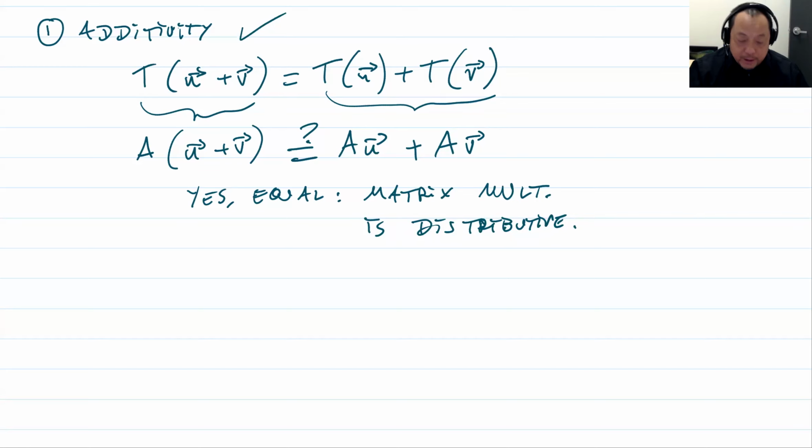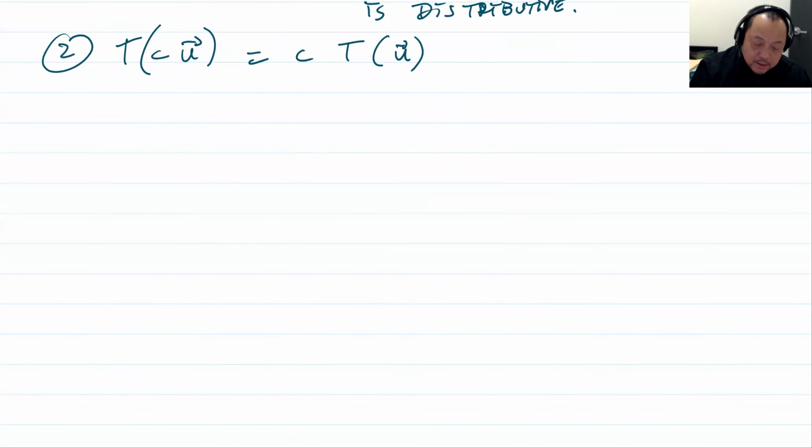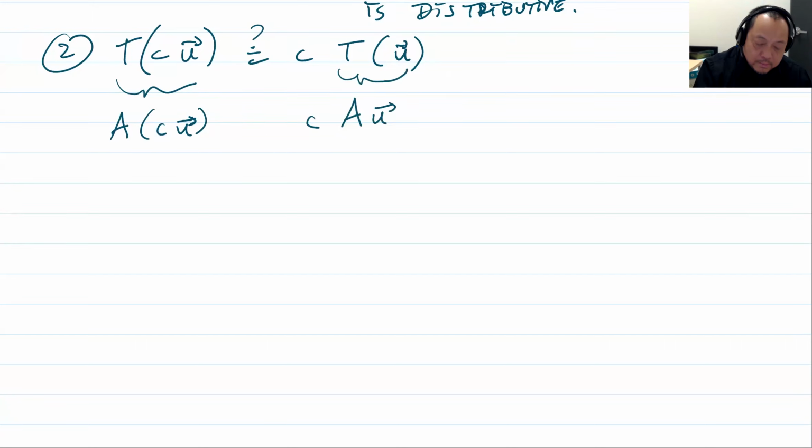All right, now let's check property 2. Is this true for all scalars C and all vectors V? Well, the left-hand side is equal to A times this vector. And the right-hand side is equal to the scalar C times the T, but the T itself is defined as A times U, so AU.